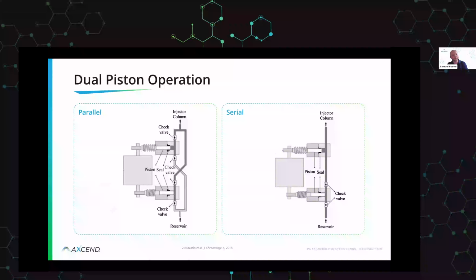Another method is serial delivery. And so this is often a bit more complicated and requires careful knowledge of what solvent you're using, its compressibility, and a number of different factors. But in this case, you have two pistons, one sort of a low pressure piston and one a high pressure piston. And what's done is that high pressure piston is used to deliver your solvent to the system, while the low pressure piston is used to quickly refill that high pressure piston.